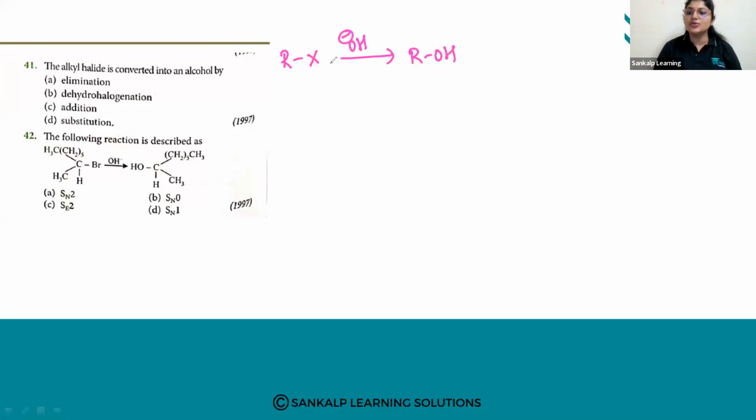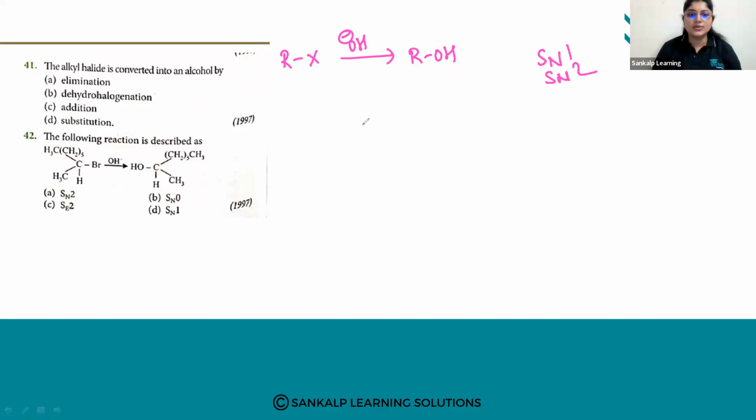It can undergo a nucleophilic substitution reaction, proceeding via SN1 or SN2 mechanism. So what type of reaction will it undergo: elimination or dehydrohalogenation, addition, or substitution? When you want to convert alkyl halide into alcohol, what type of reaction will it undergo?